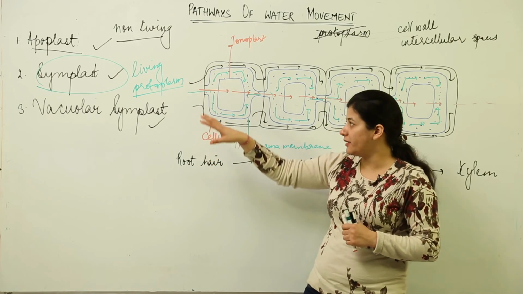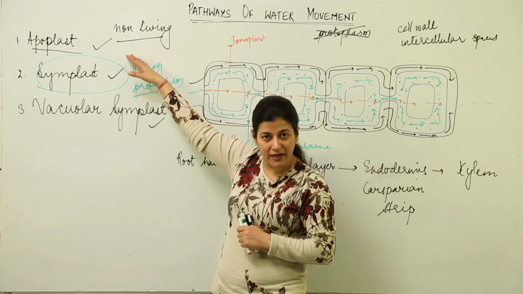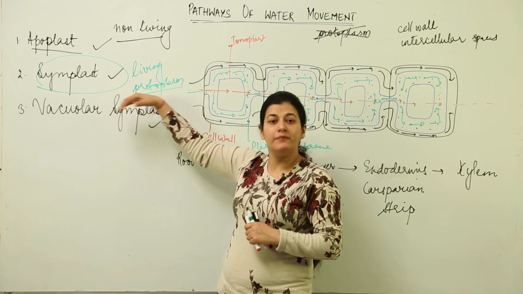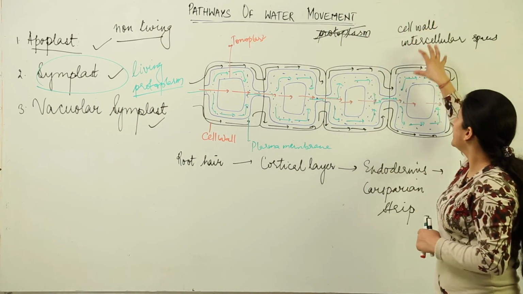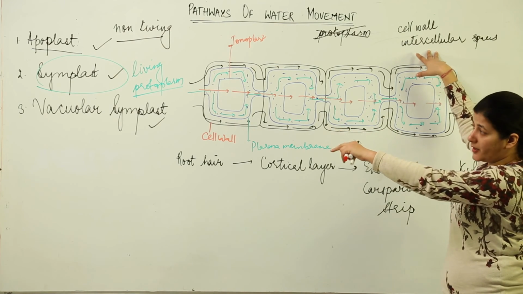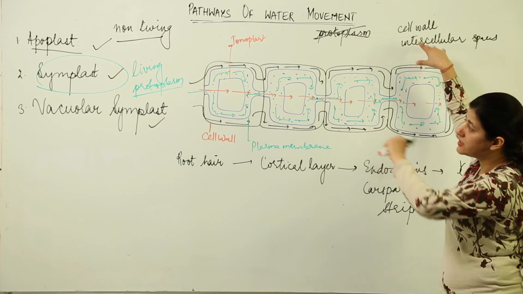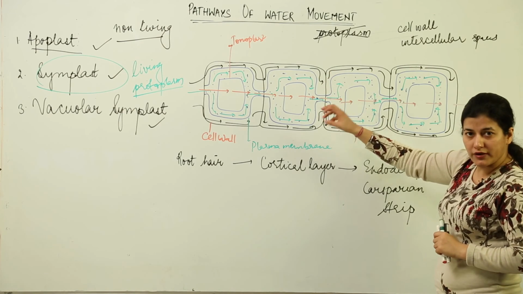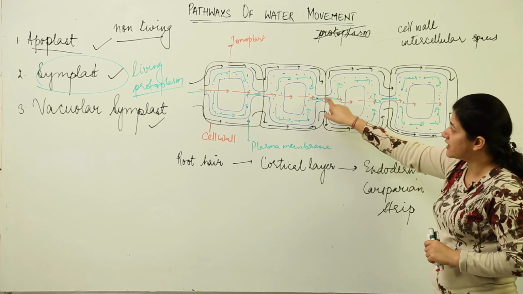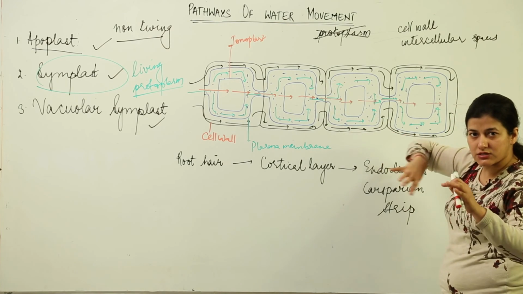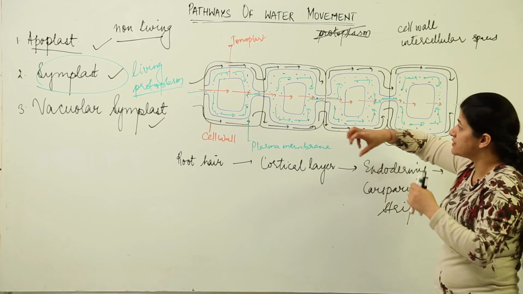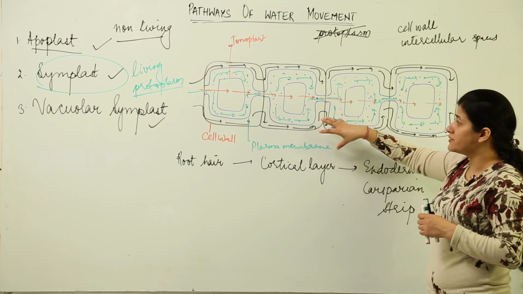One thing you have to keep in mind, that apoplast would be a non-living passage while symplast would be a living passage, and the movement would involve the cell wall and intercellular spaces in the case of apoplast. In the case of symplast, living protoplasm would be involved, and plasmodesmatal connections, that is the connection between two plant cells where the cell wall is absent. It is a passage for the protoplasm, and continuity of protoplasm is maintained.